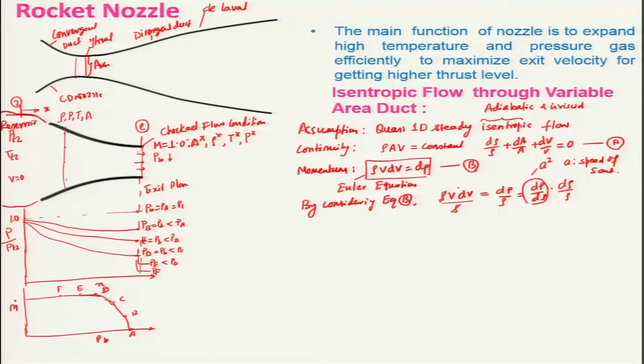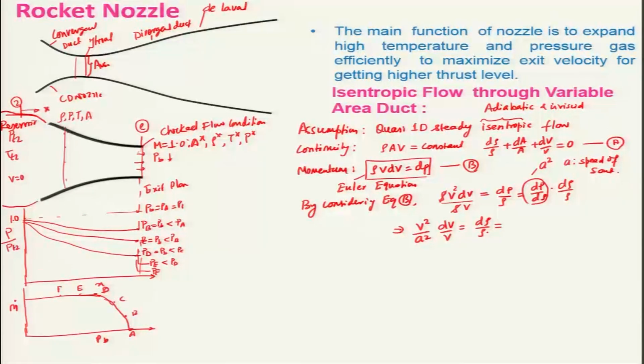Now, I can also write down V square here and divide by V. So, I can write down this equation as V square by a square, dV by V is equal to d rho by rho.